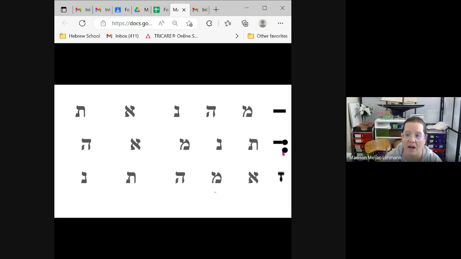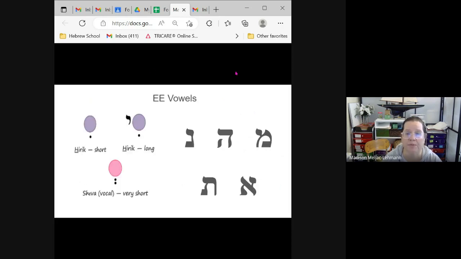Aleph and "ah" is "ah." Hey and "ah" is "ha." And the same thing with kamats. Aleph and kamats is "ah." Mem and kamats is "ma." Tav and "ah" is "ta." Noon and "ah" is "na." So that is a vowel speed drill.